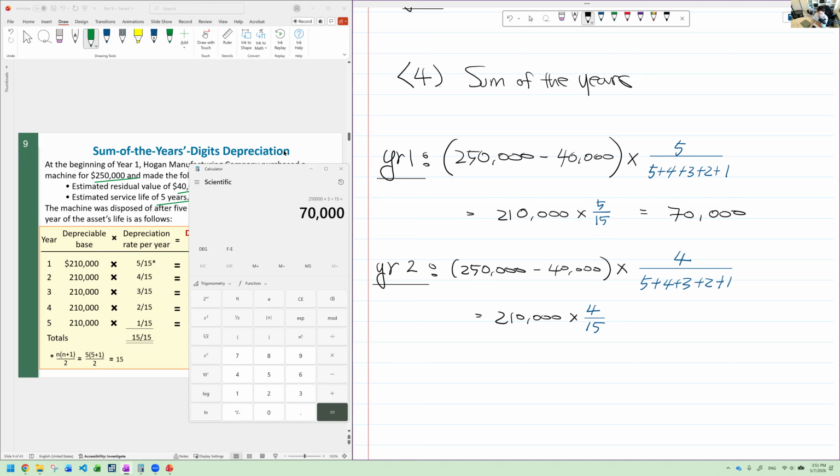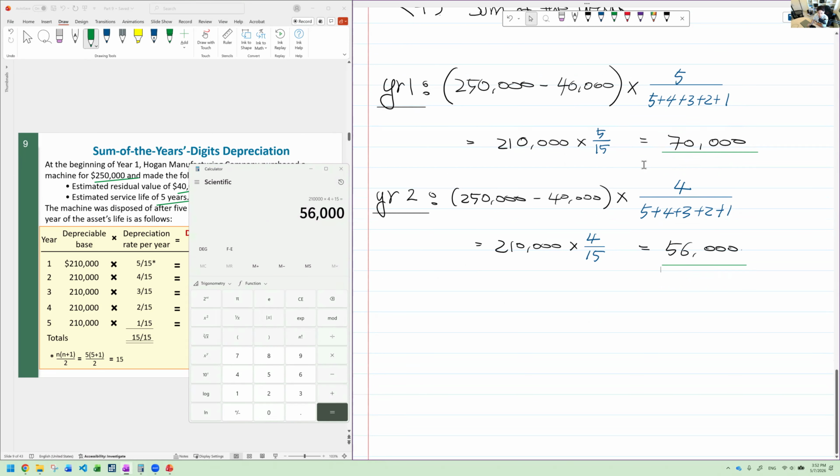So the depreciation expense that you record in year two is $56,000. By applying this approach, as you can see, the magnitude of the depreciation expense in earlier years is greater than in later years.